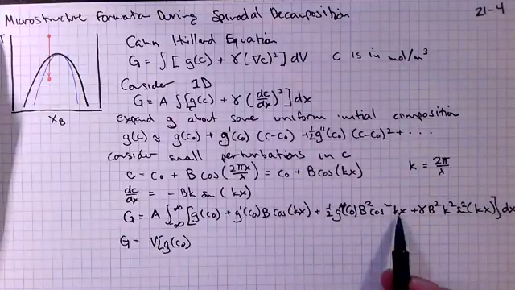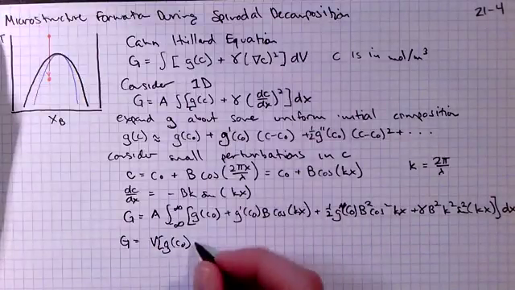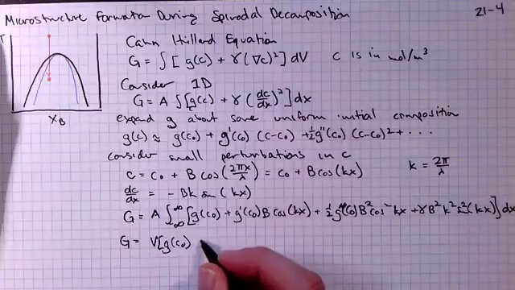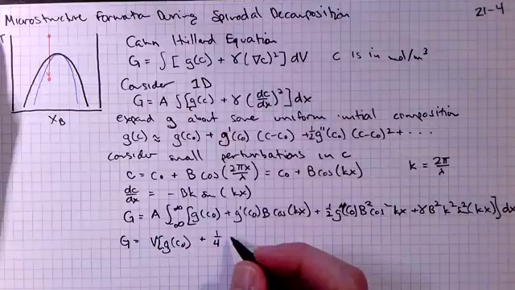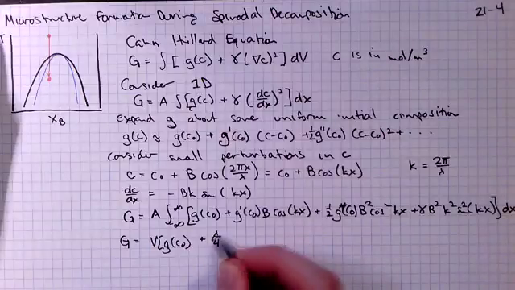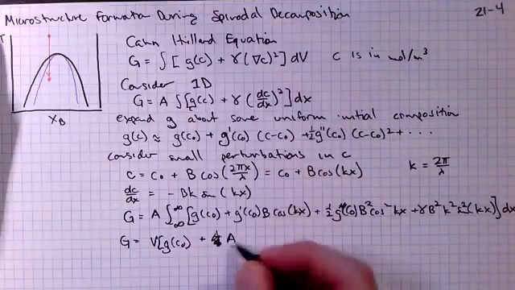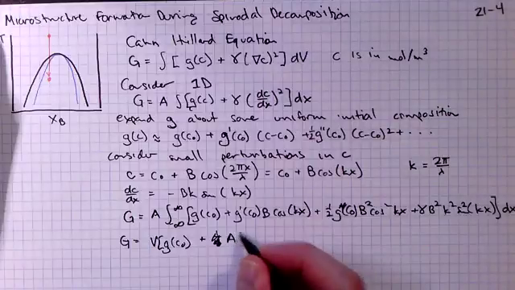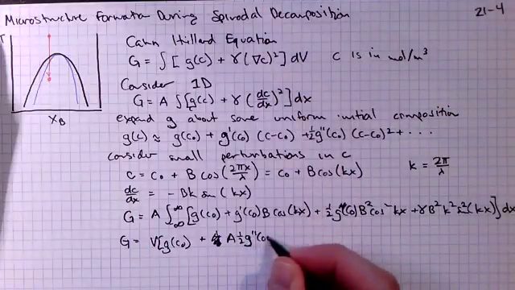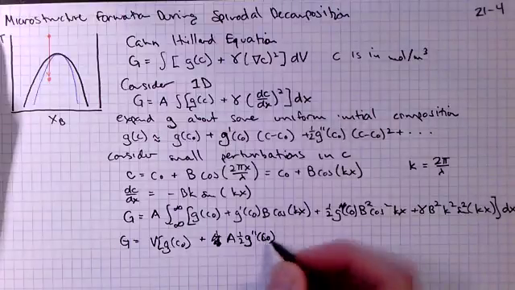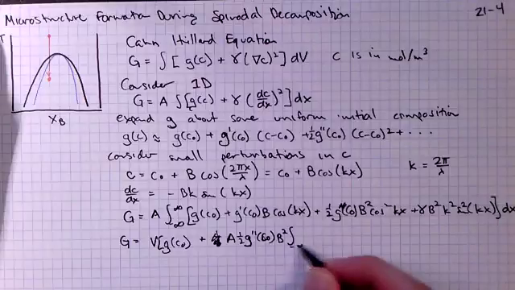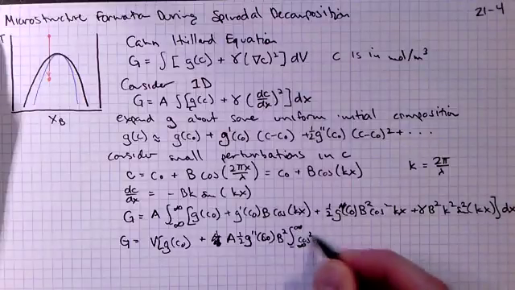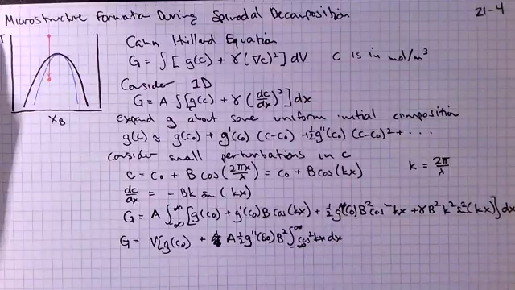This won't integrate to 0, so this will give us a contribution that goes like, so that goes like A times 1/2 G'' of C0 times B squared times the integral from minus infinity to infinity of cosine squared kx dx, right?